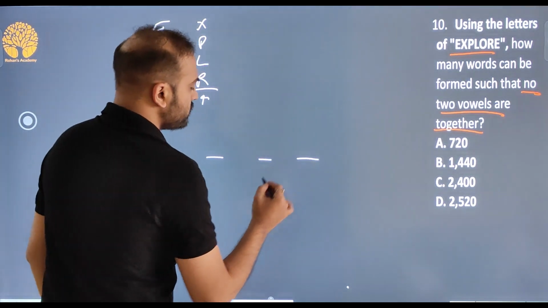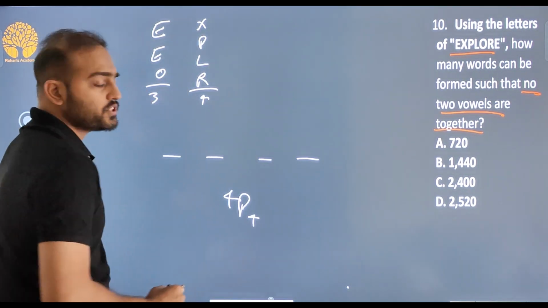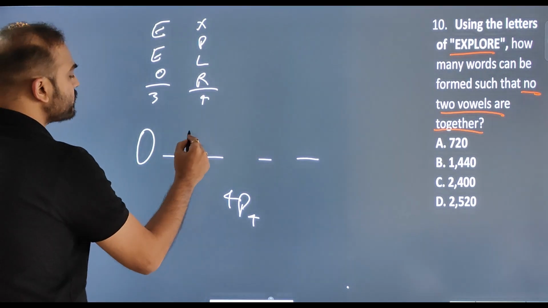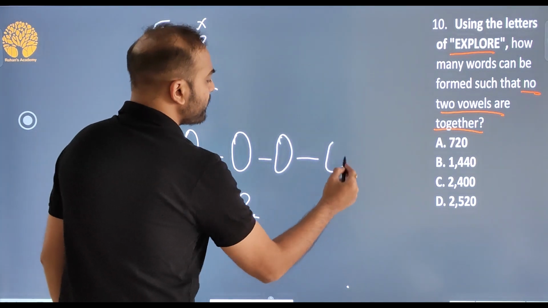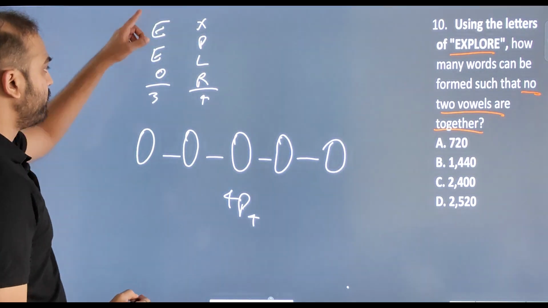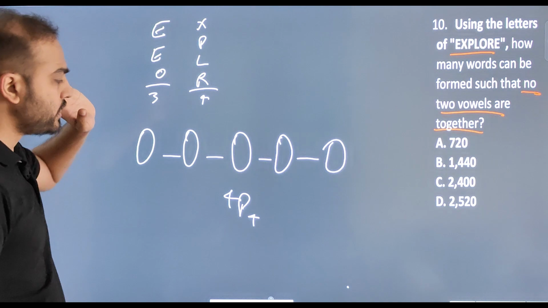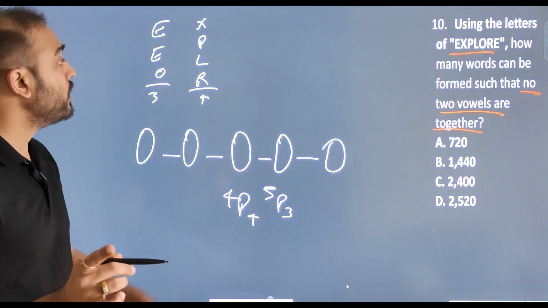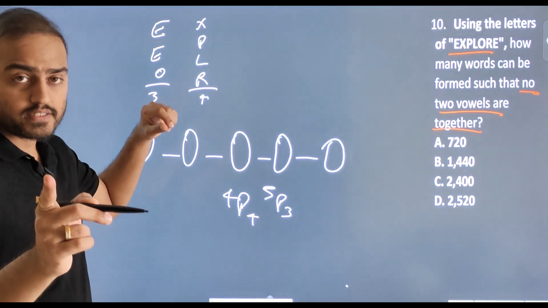Four consonants will be arranged in four positions in 4P4 ways, right? Next to these, I have five imaginary positions where I can put any of these three. So that is 5P3.